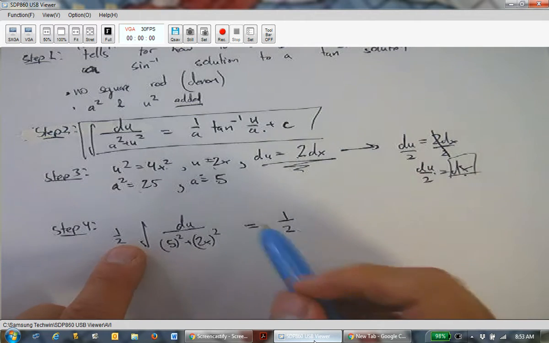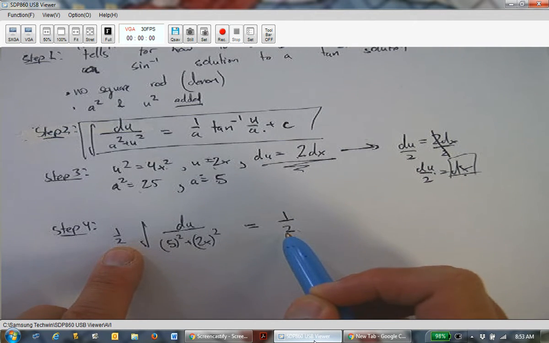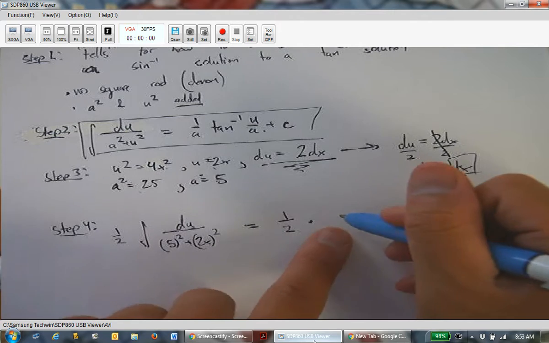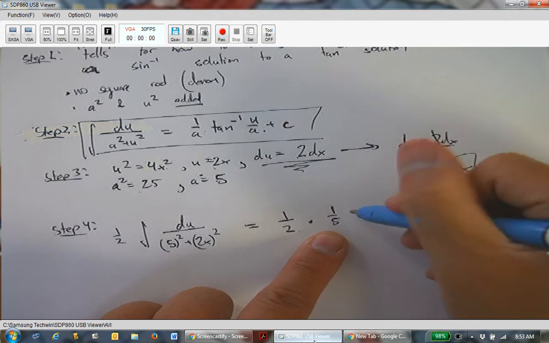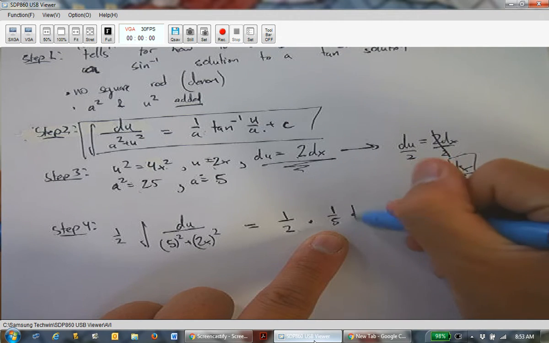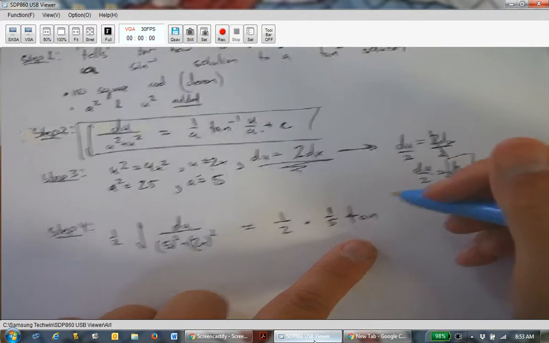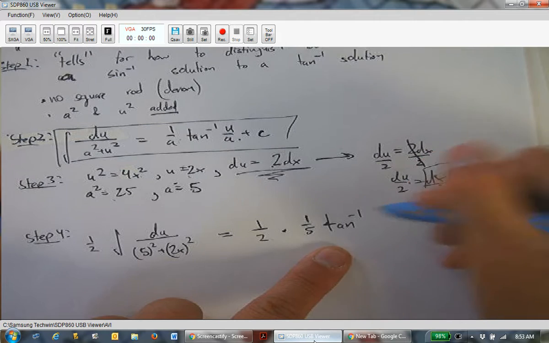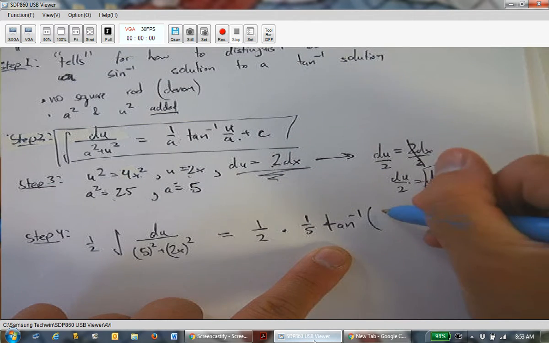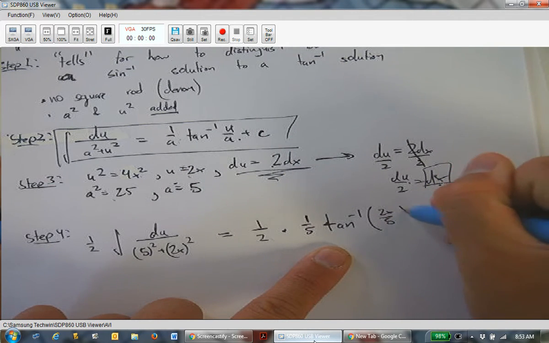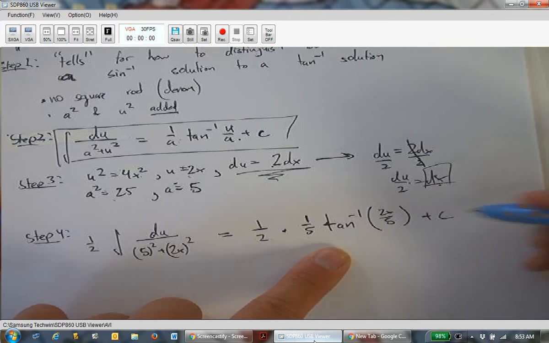1 over 2, that's a constant value that we can't just leave out, times 1 over a, which is now going to be 1 over 5, times inverse tan of u over a, and your u is going to be 2x, divided by 5, plus c.